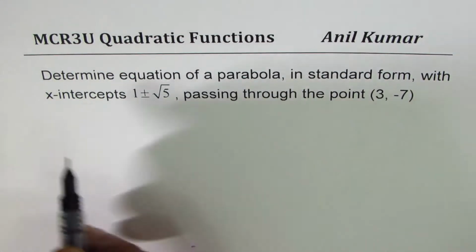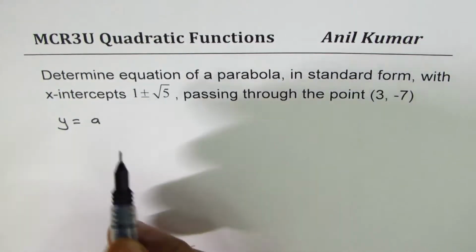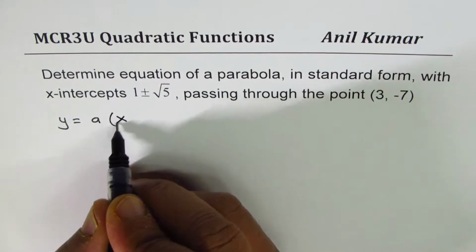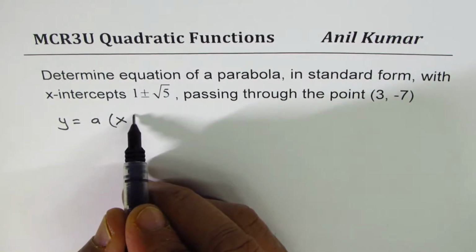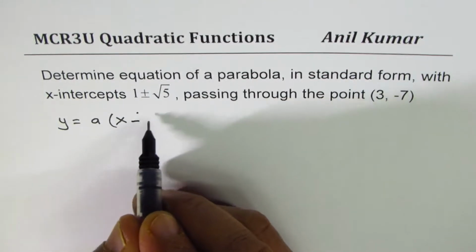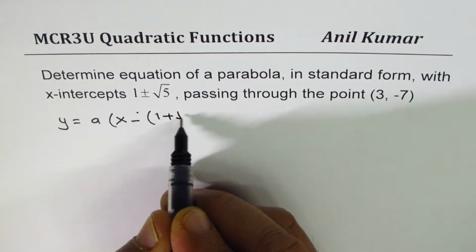So we can write the equation of the parabola as y equals a times, we are given two x-intercepts. So x minus the first x-intercept, and within brackets I'll write 1 plus square root 5.